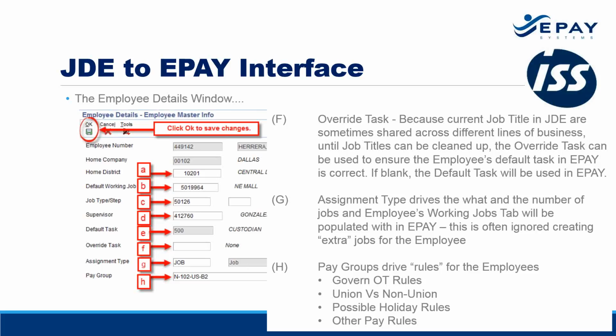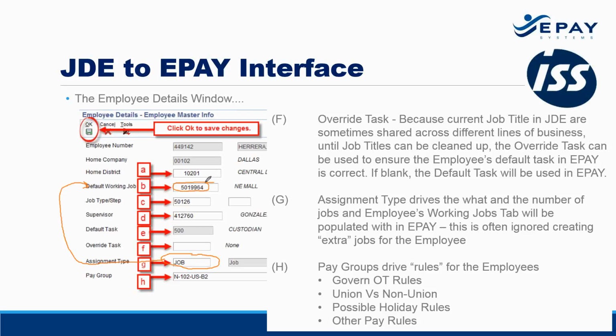So if you have a job assignment type, the system says, all right, only go up here to the default working job and assign the employee that default working job, to assign that employee just to that one job as part of your working jobs record.